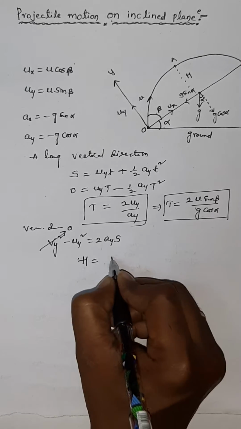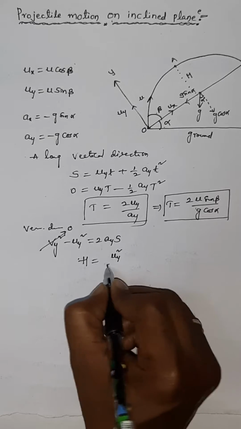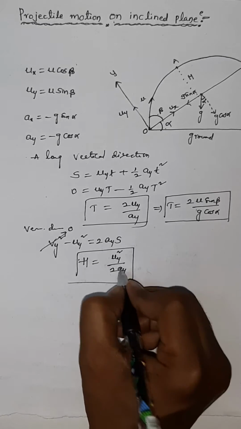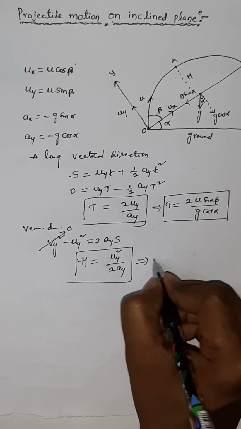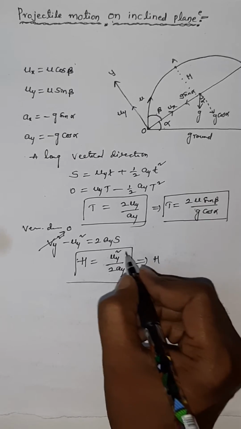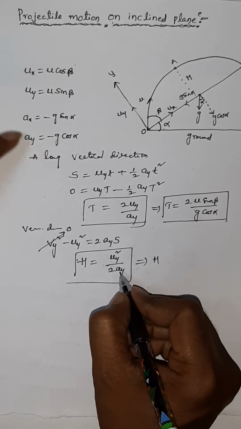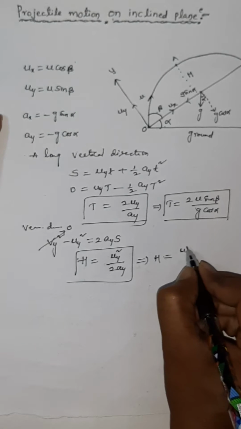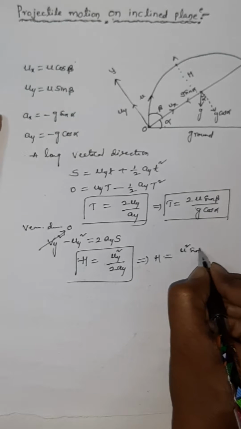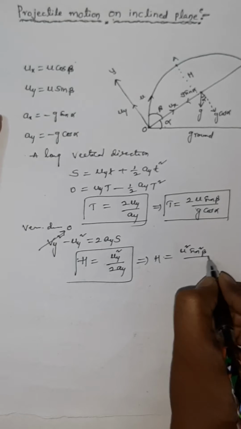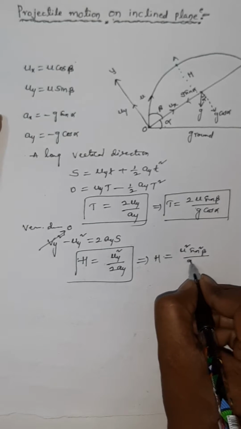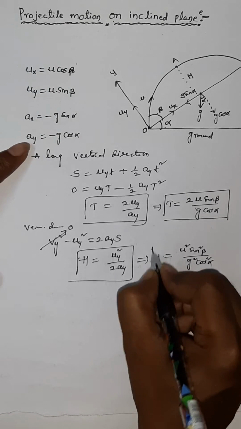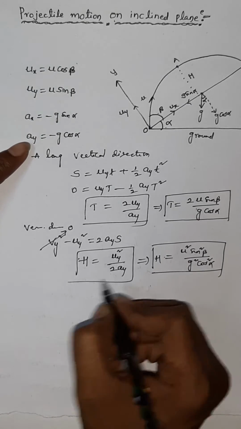We can write h equals uy square by 2ay. It is similar to the u square by 2g concept. So in place of u we are replacing uy, and in place of g, ay. So h is equal to u square sin square beta by 2 g cos alpha. So this is the equation of the maximum height.